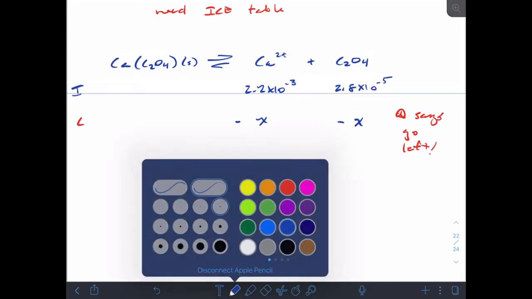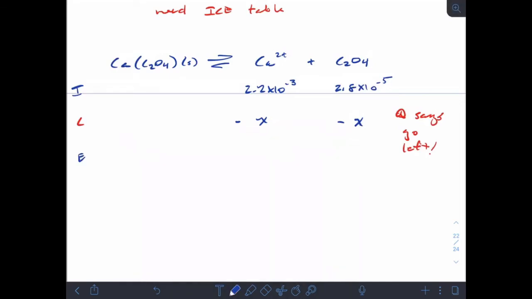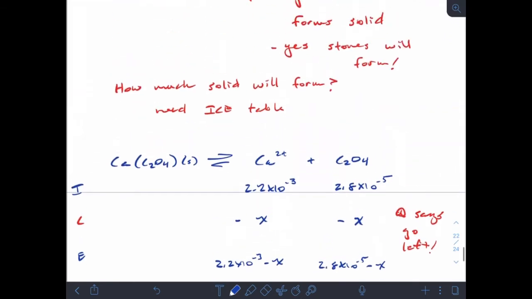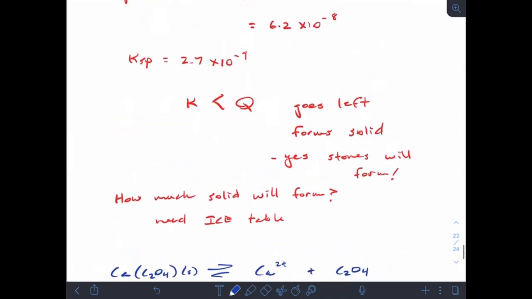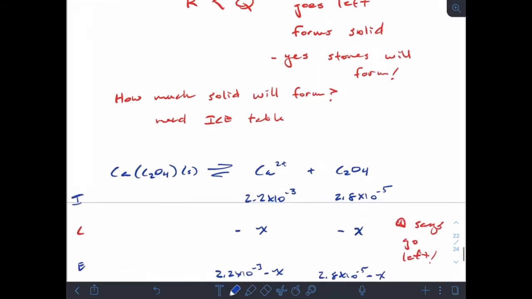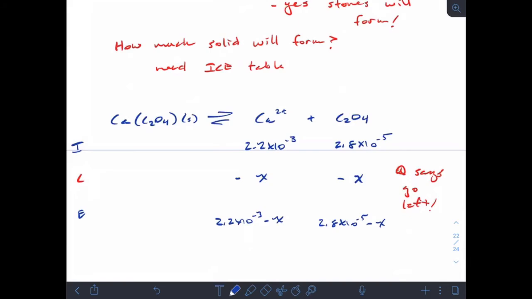Let's come back to blue. My equilibrium line will be 2.2 times 10 to the minus 3 minus X, and 2.8 times 10 to the minus 5 minus X. Now let's take a look. Our K is about 10 to the minus 9, and our initial concentration of calcium is about 10 to the minus 3.